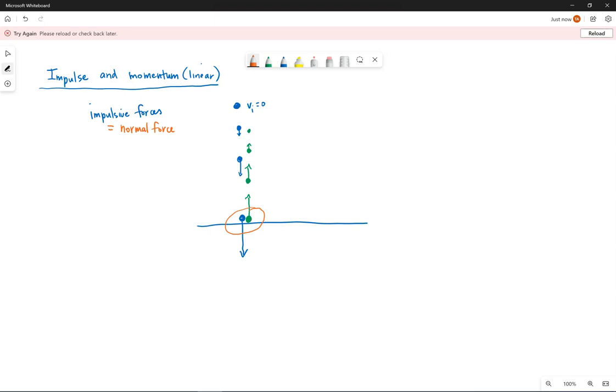This force is applied for a very short time. That's one of the reasons we use this word impulsive. Just something that happens really quick. The force certainly has a large effect on the ball because the ball was traveling down pretty fast and now it travels up. But that change in direction happens pretty quickly.